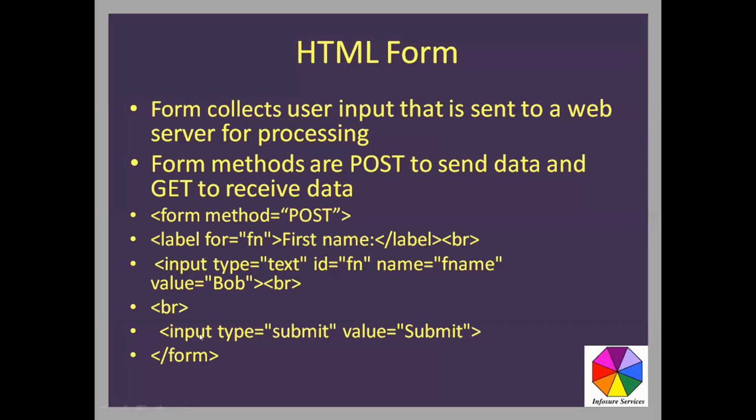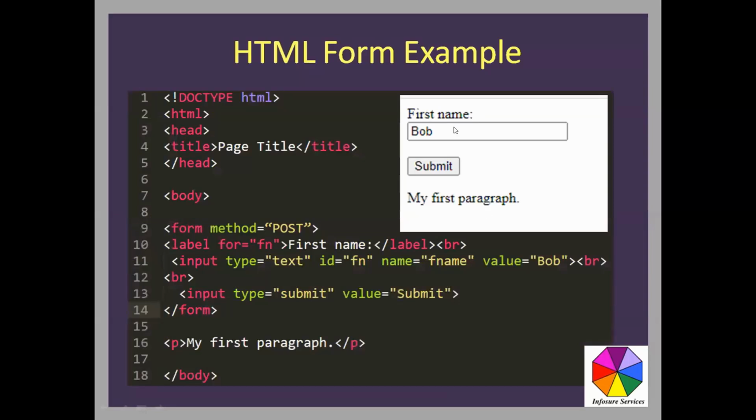In the following line, you have input type equal to submit, value equal to submit. This is the submit button. And then the form tag closes. So this whole thing is what we saw here visually. Form method equal to post is some syntax. This means it's always a post method we're going to invoke here.